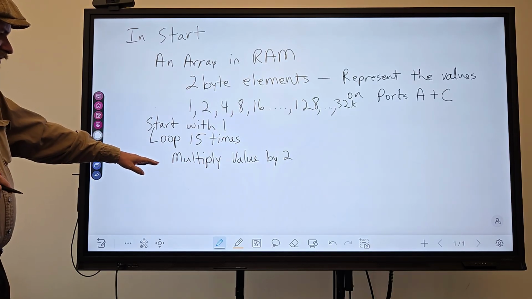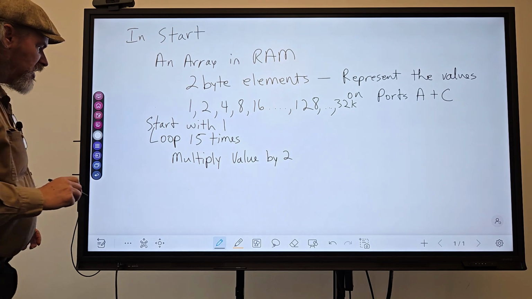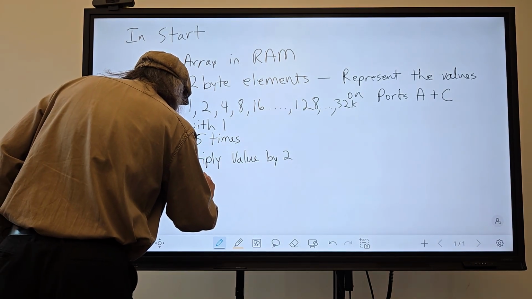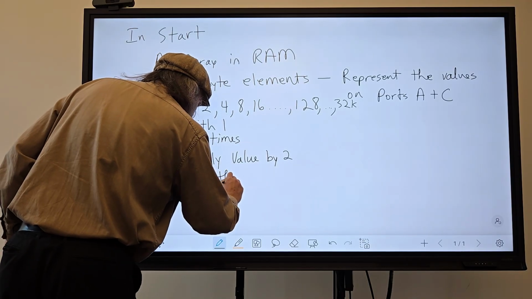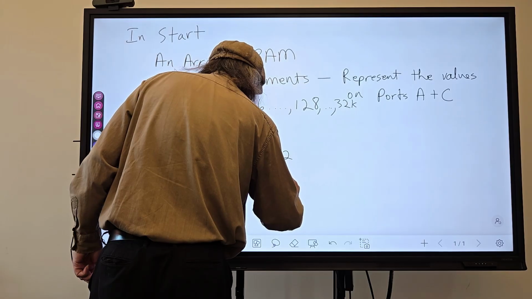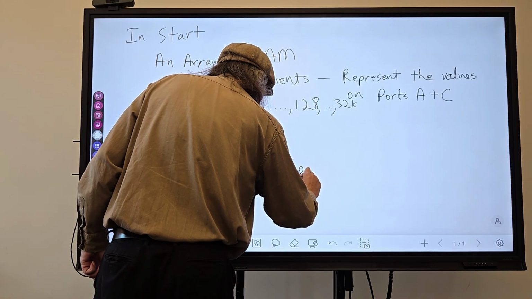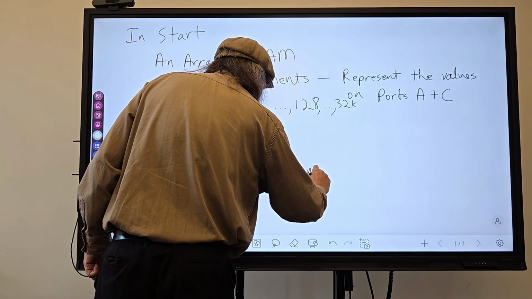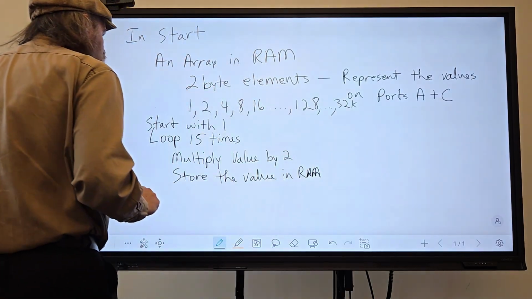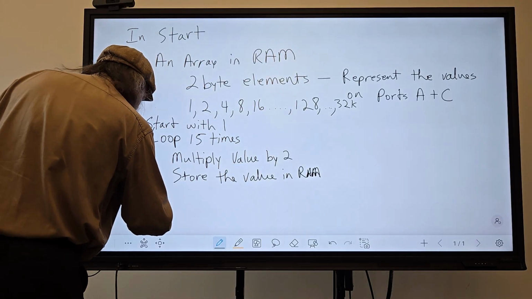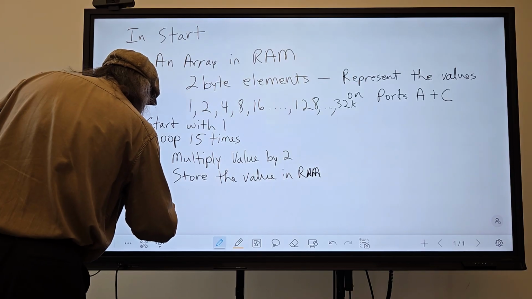Loop 15 times, multiply by a value of 2, and then store that value in the array. And end loop.